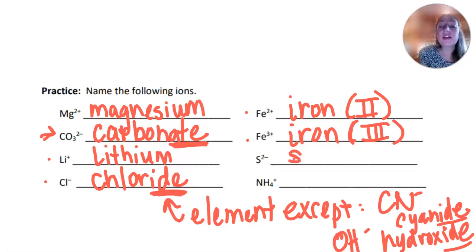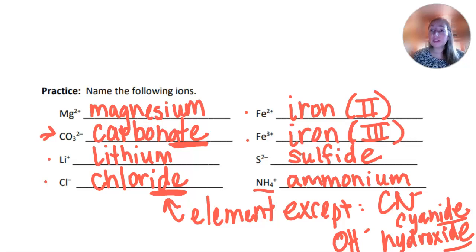Okay, here we have sulfur, but sulfur is a nonmetal, so it changes to sulfide. And then this is an important one we need to know, ammonium. Okay, so this concludes our discussion of valence electrons and ions, getting us ready for bonding and nomenclature, bonding and naming.